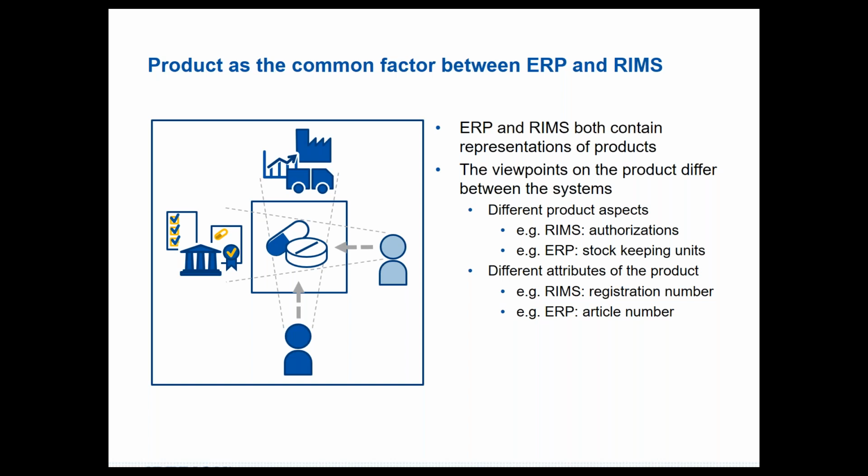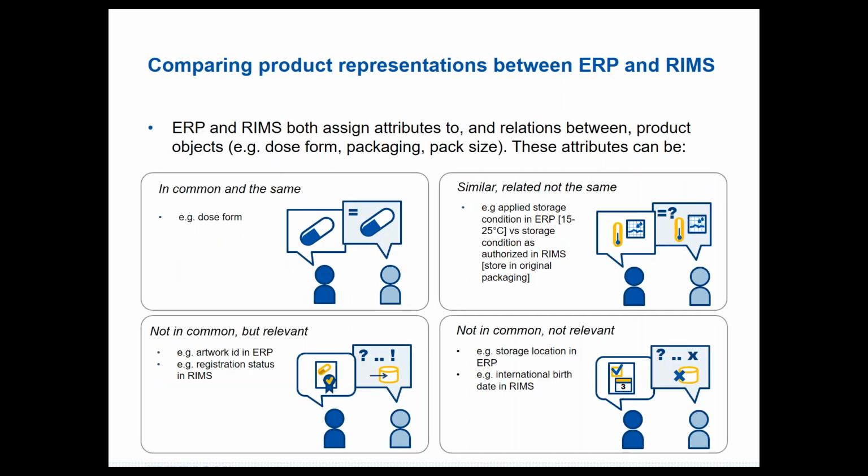Can I have the next slide? The attributes in the various systems that we want to exchange can be categorized in a few forms. Some of the attributes that are in both systems are actually the same. Other attributes are similar, but they're not entirely the same.